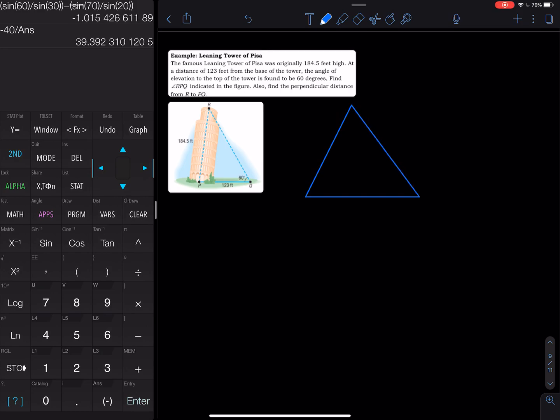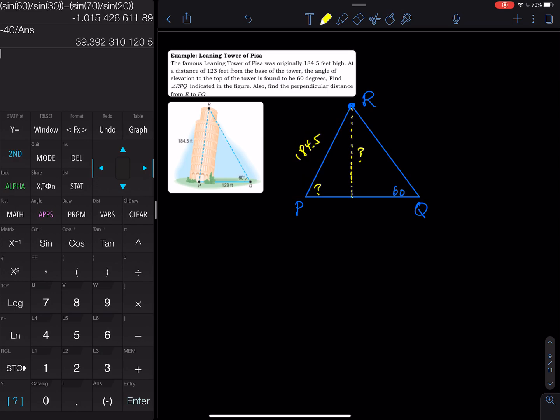So this is my P, this is my Q, this is my 60 degree, and then this is my point R, and then we have a height, right? So this is the height. The perpendicular distance from R to line PQ. What are they looking for? Oh, they also have a 184.5 feet. And then they are looking for RPQ, so they don't know this, and they don't know this either.